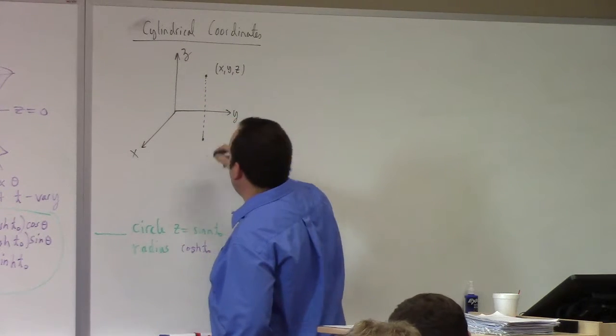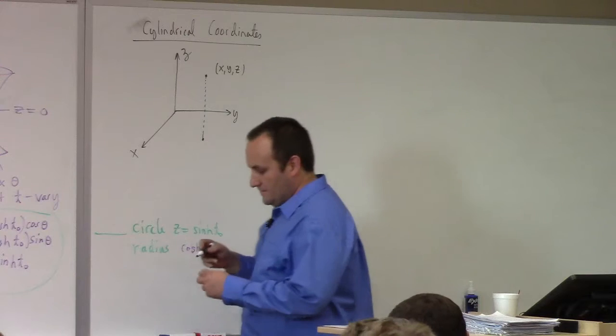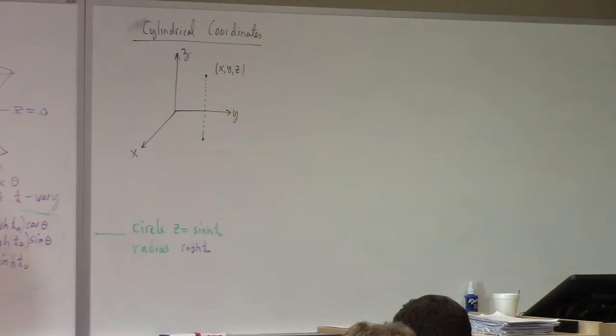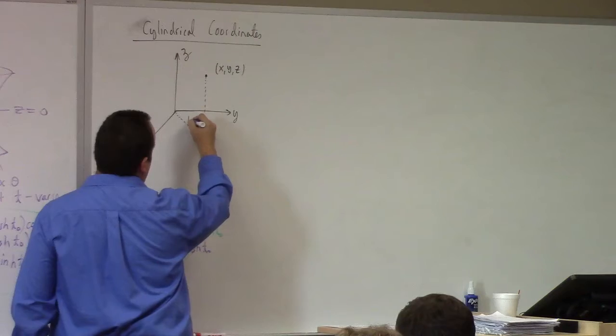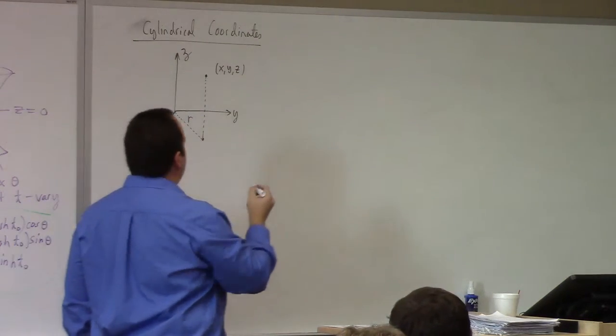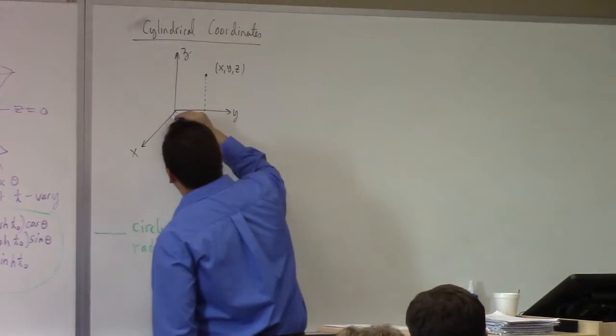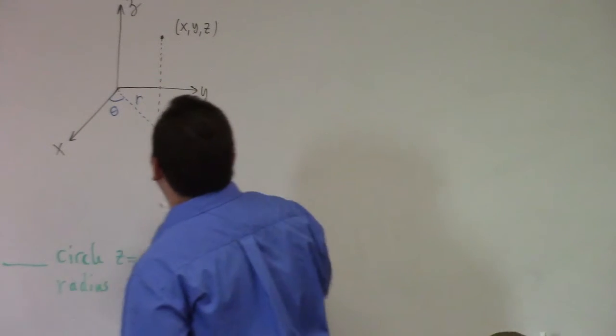Basically, you drop the point down to the xy plane, and the distance from the origin there is what we call what? Yeah, that's the radius. This is the polar radius. So that's r. And then the angle down here, the standard angle, is what's called theta.